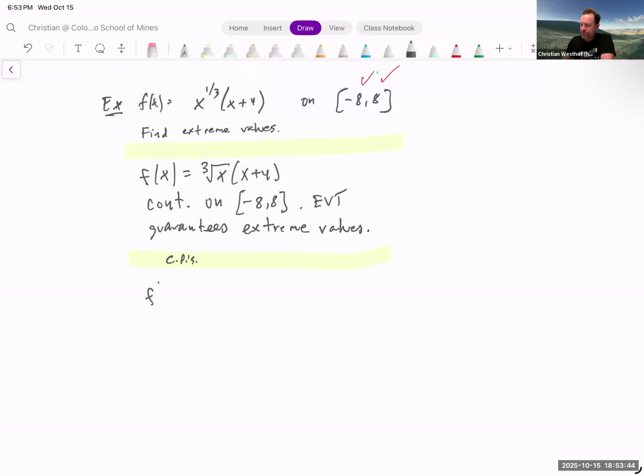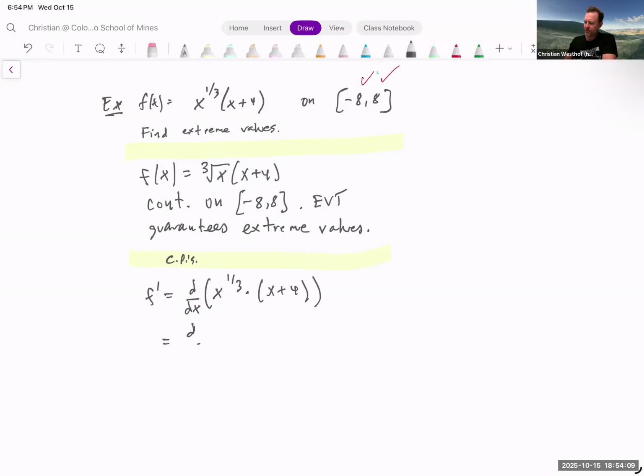You need to find your derivative, f prime, the derivative of x to the 1/3 times x plus 4. You could do two things. I suppose you could do the product rule, or you could distribute and make it simpler for yourself.